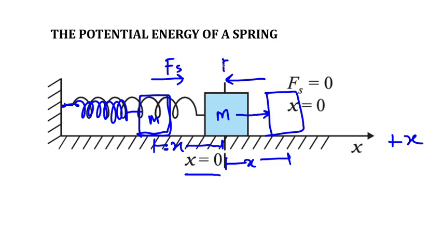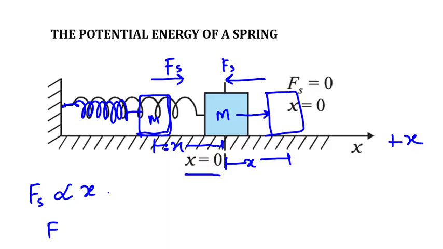So one thing here we can see is that the direction of this spring force is opposite to the direction of this displacement. And one more thing, this spring force is directly proportional, meaning it varies linearly with this displacement.